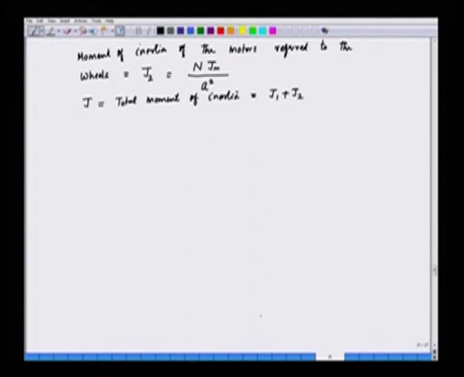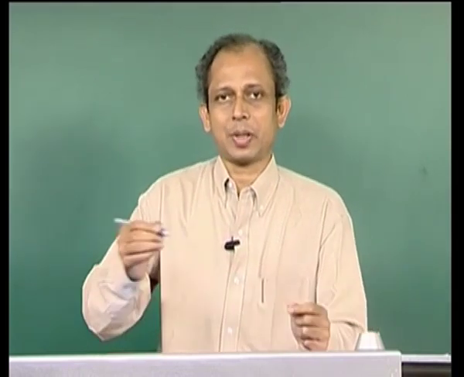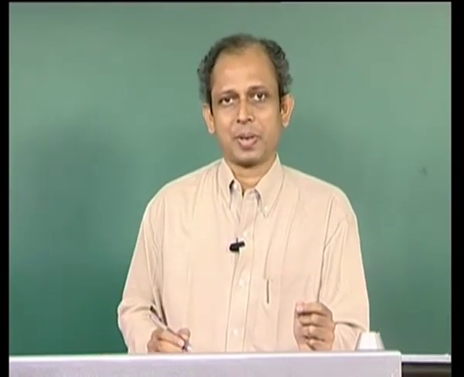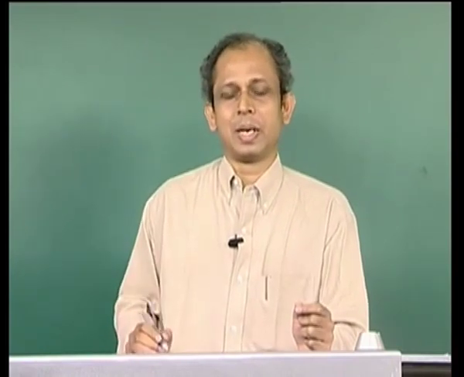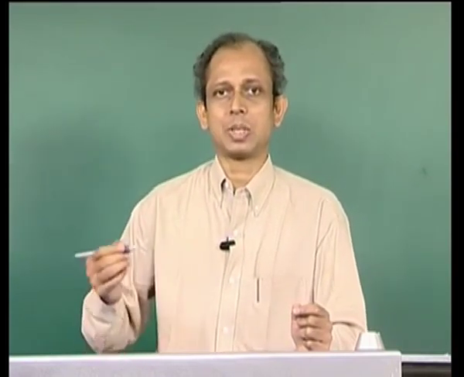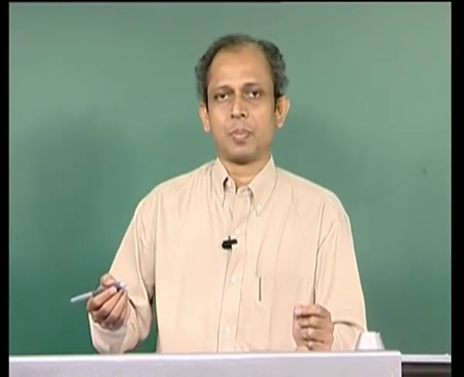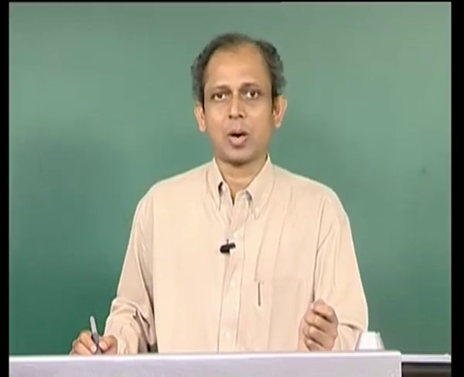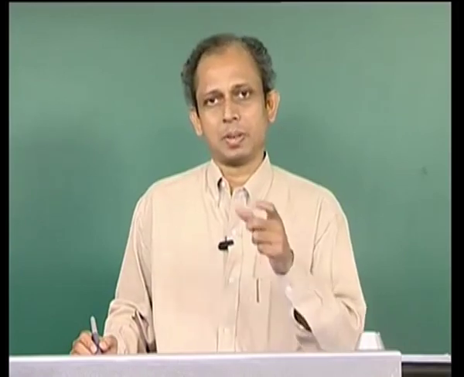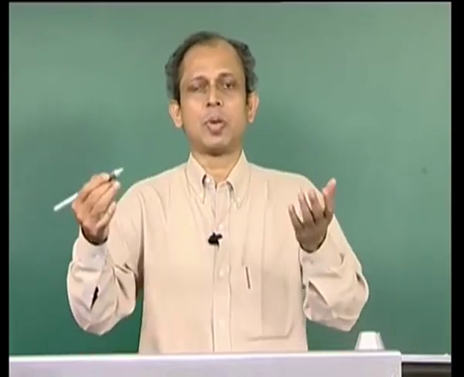And this total moment of inertia has to be accelerated angularly, and we know the linear acceleration, that is alpha. Alpha is the acceleration of the train. Now this alpha, which is actually the kilometer per hour per second, has to be converted to radian per second square or angular acceleration. And to do that, we have to have the radius of the wheel, because the wheel is rotating and the train is moving forward.